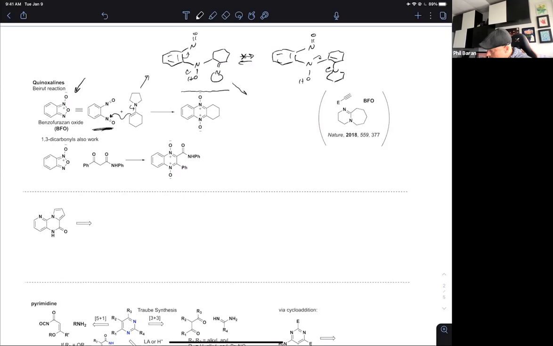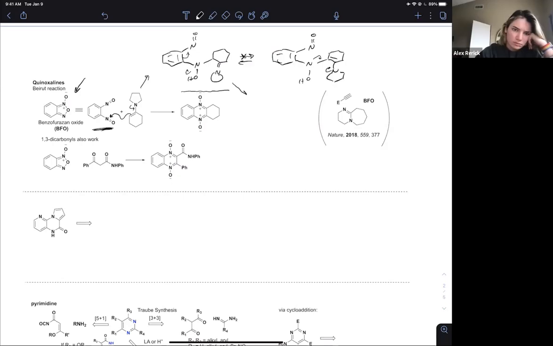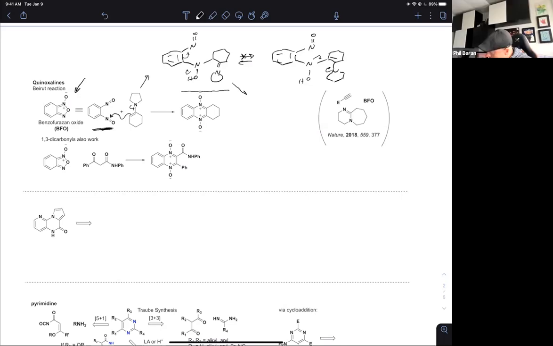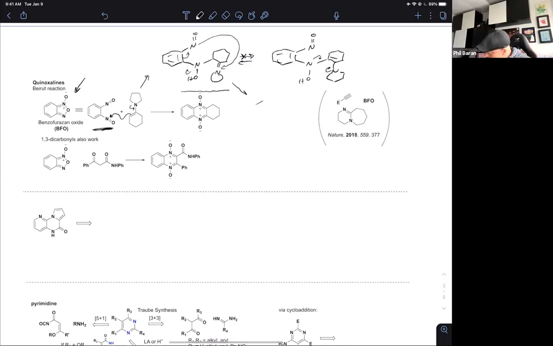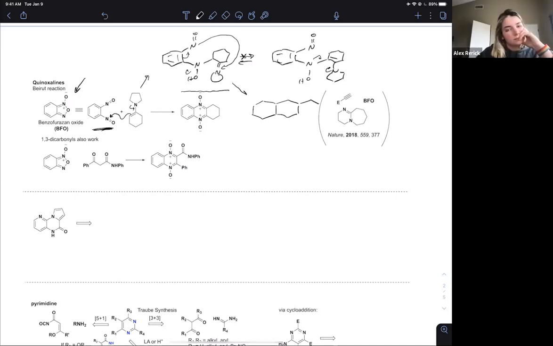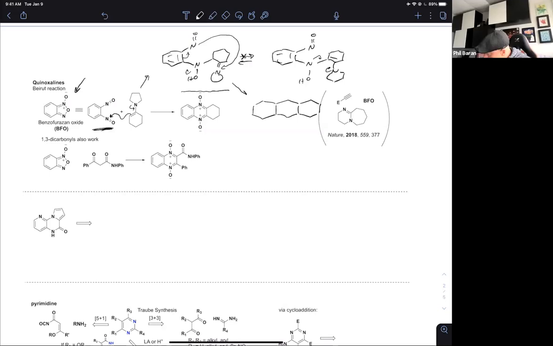So how would that work? Well, I guess the best way is, if you add into the enamine, right? Yeah, so we can add in carbon, and that's going to give us a species that looks like this.